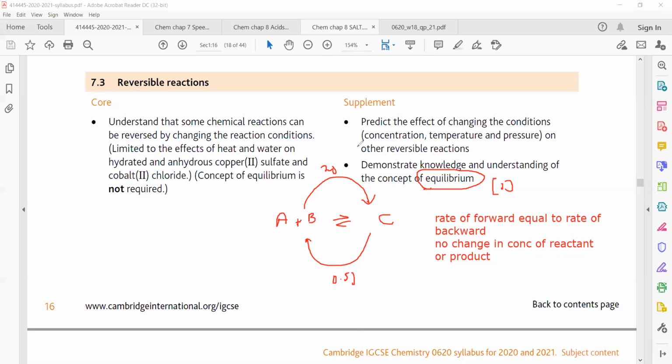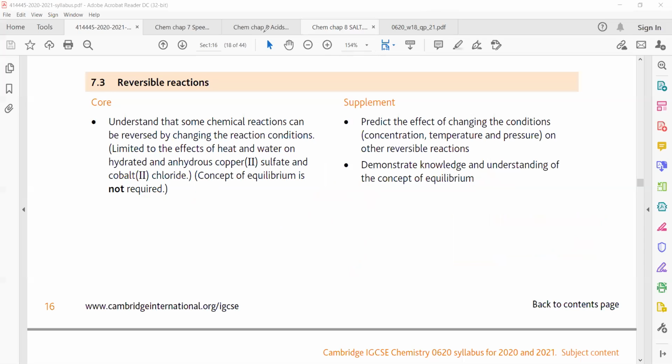So equilibrium is shifted towards the right because the forward reaction is faster. The one which is faster, we call that the position or shifting of equilibrium. And shifting of equilibrium depends on different factors. It depends on addition of reactant or removal of product.